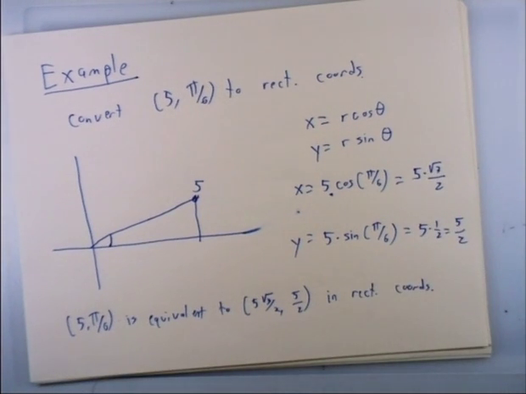This is the first step that we need. We need to understand polar coordinates well enough that we can go back and forth between them, that we can convert rectangular to polar, that we at least know how to rename things in different ways.